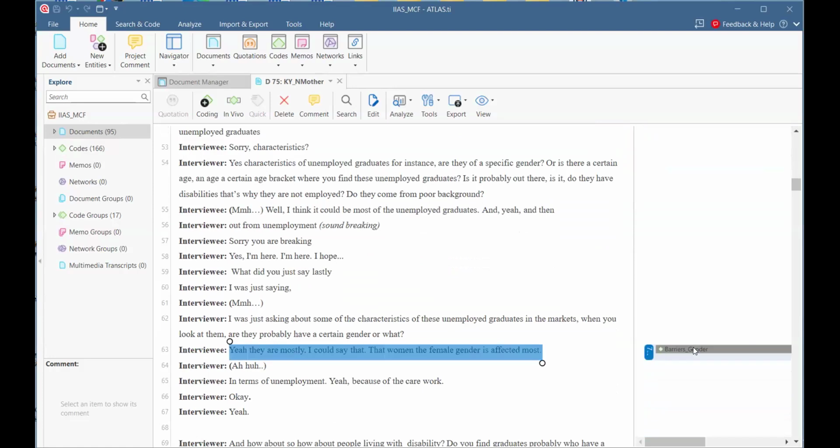Mostly, I could say that women, the female gender, are affected most. So a barrier to employment was seen as gender, so we had barrier, unemployment. Remember I was saying that in your code book it doesn't follow, which is why you have to sit down with your code book and understand what you are looking for.